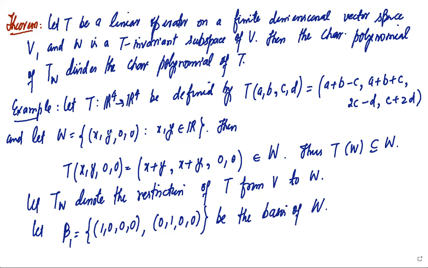So X, Y, 0, 0 is E1 times something plus E2 times something. Therefore we can clearly see that this is a basis for W.